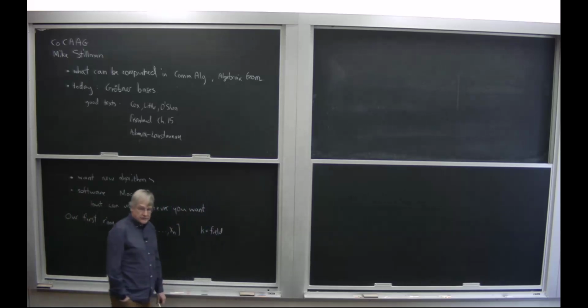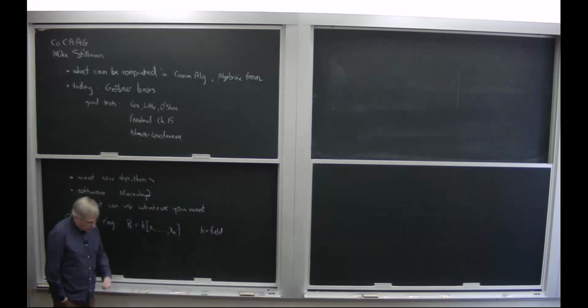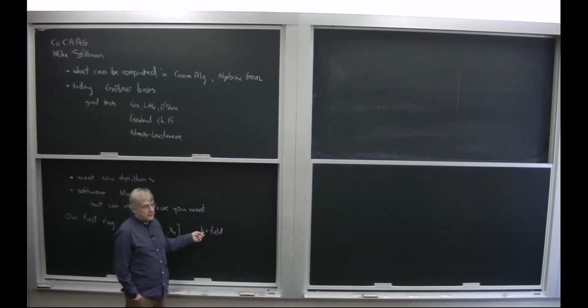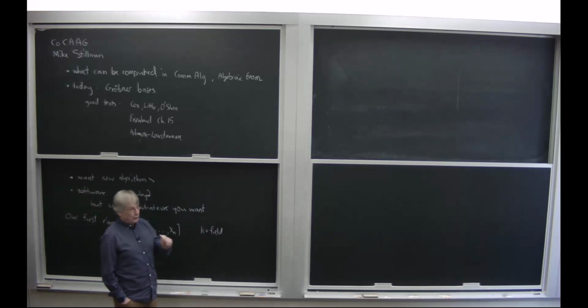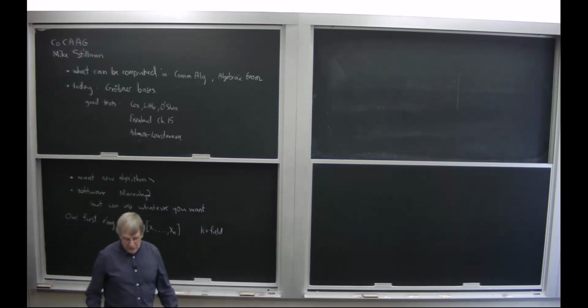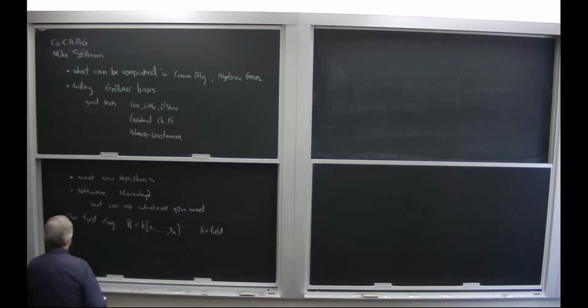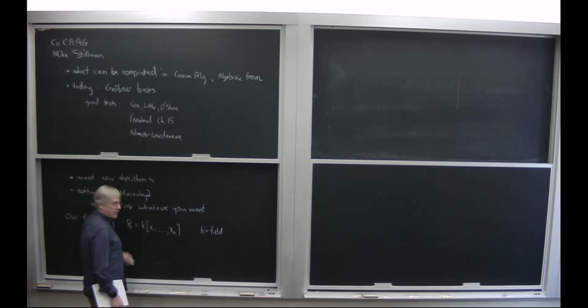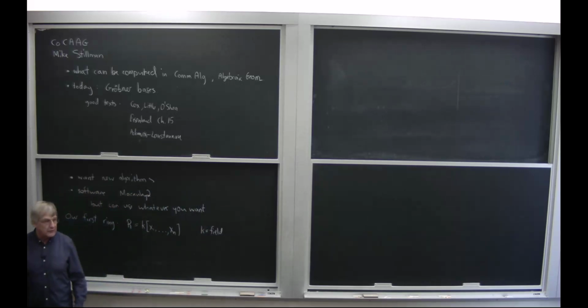Oftentimes it will be the rationals or a finite field, but it could be an algebraically closed field. It could be the reals or the complexes, except we don't know how to compute with the reals and complexes for real. So we can approximate things, but otherwise none of this stuff will work for approximate stuff. You have to do other things.